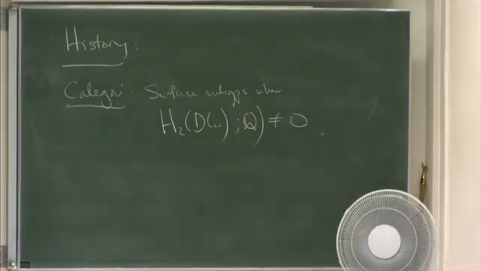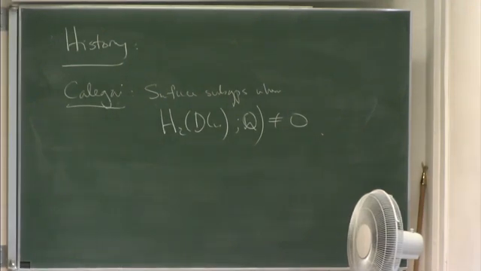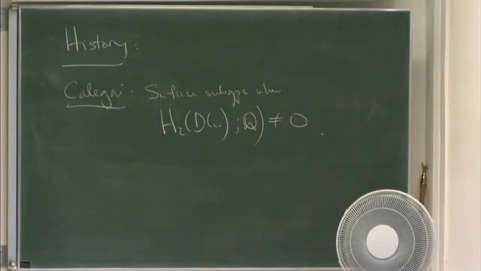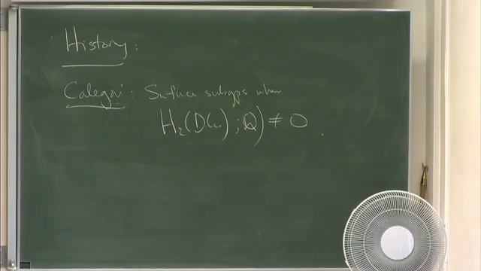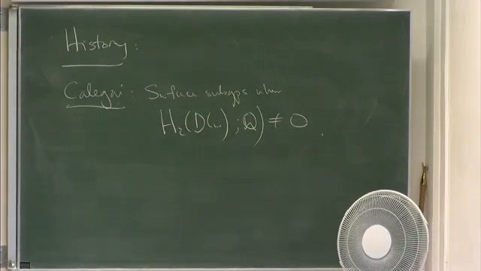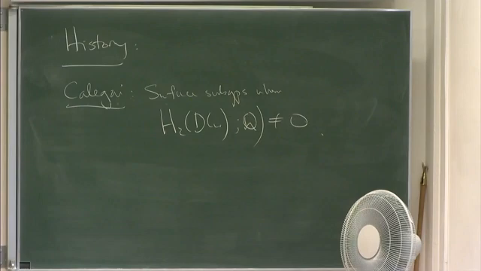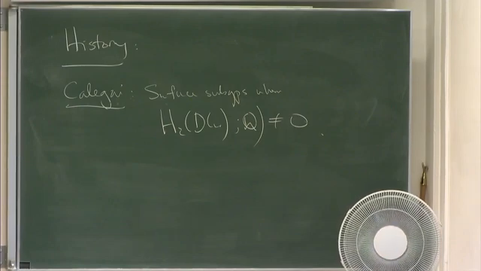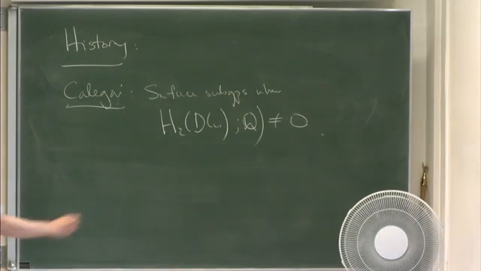So then you think to yourself, well, every time I have a condition on the double, I need to translate it into a condition on the word to understand how common this condition is. And you can do that. It's not very hard. You just use the Mayer-Vietoris sequence for this picture. And what you see is that this happens if and only if the word W is in the commutator subgroup of the free group.